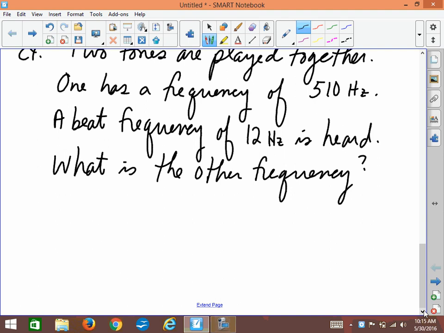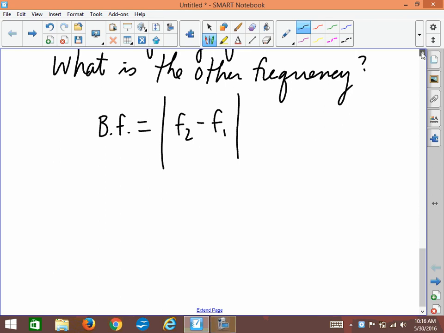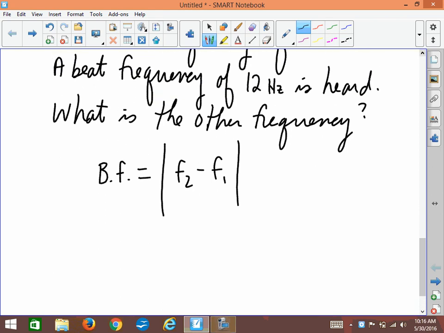So if the beat frequency is equal to the difference in the two frequencies, it's pretty obvious then that if the beat frequency is 12, you have two possible options. That's what the absolute value is. It's kind of weird. If the beat frequency, did I say was 12? Check my numbers. Yeah, 12.